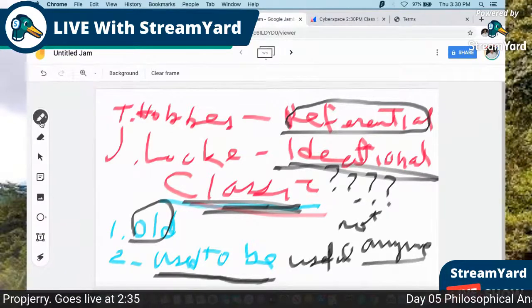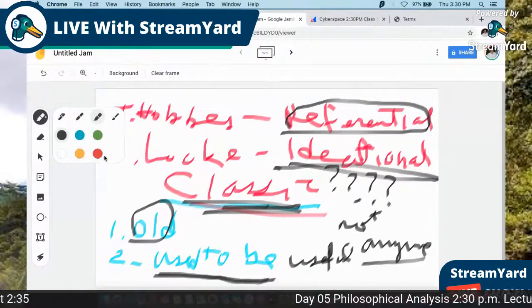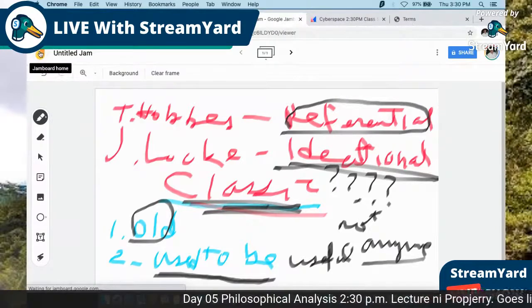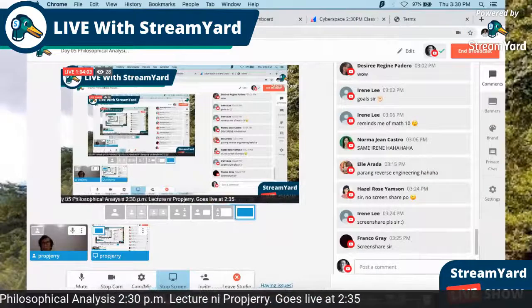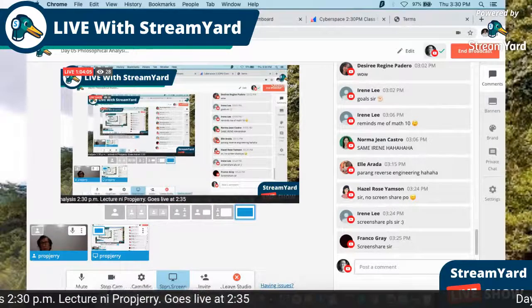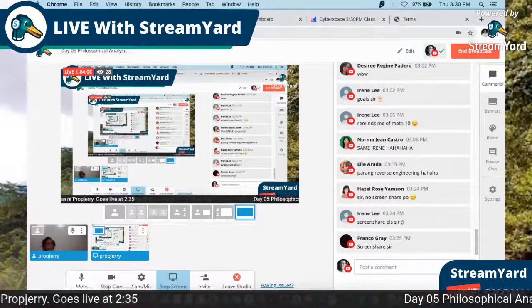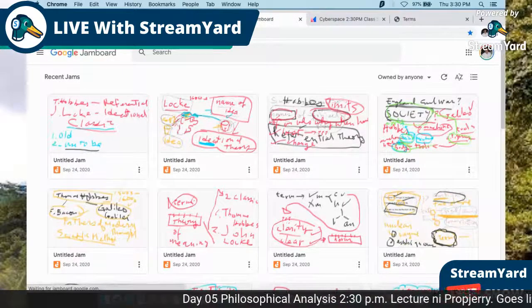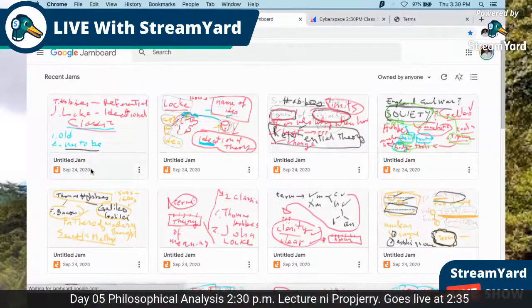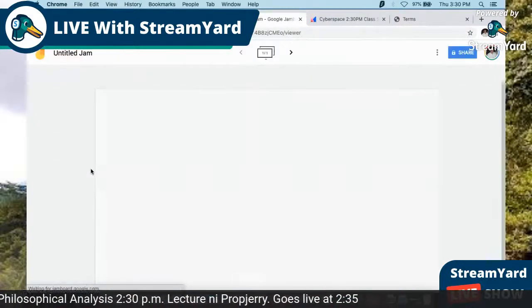So, what's wrong with the ideational theory of meaning? Think about it. What do you think?